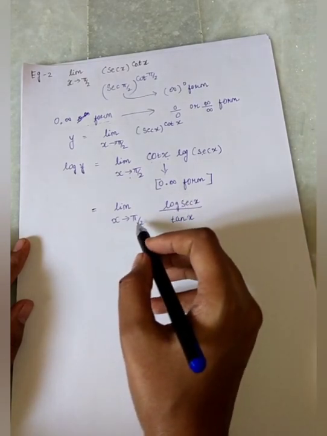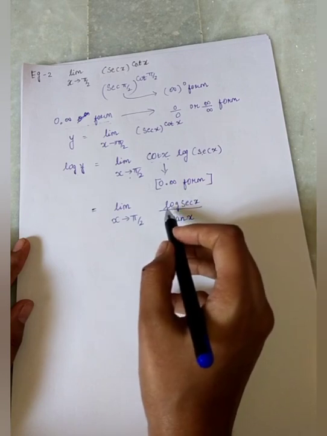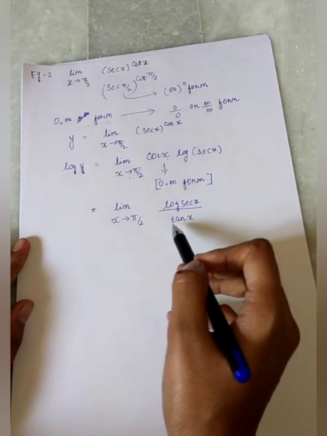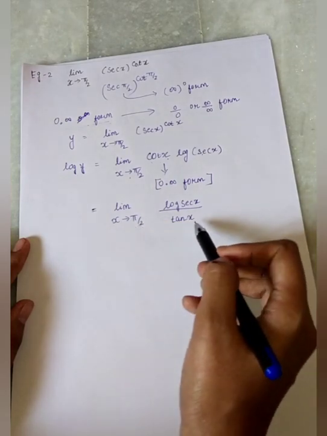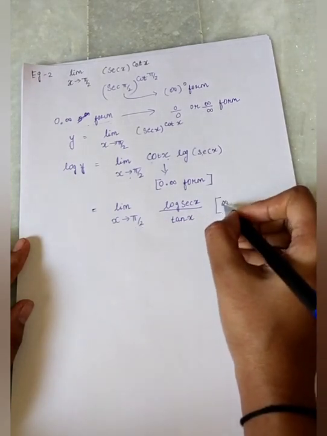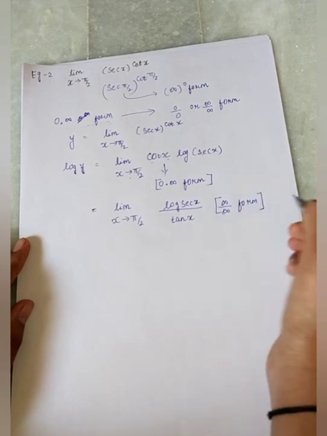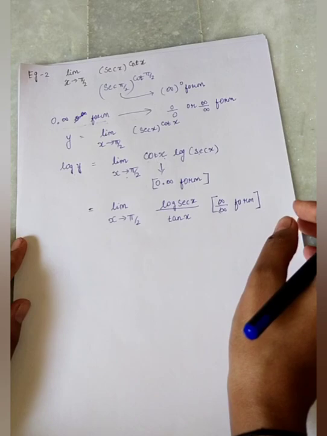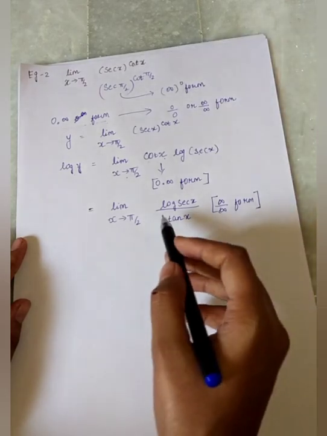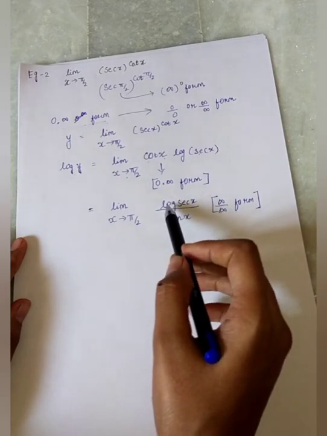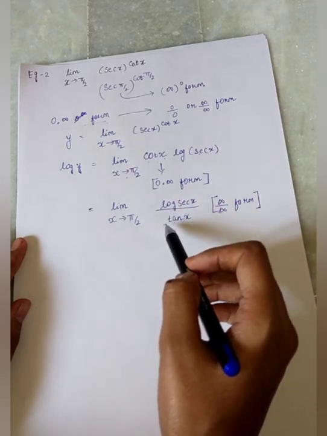Now if we substitute this value in this equation, then log sec pi by 2 is infinity and tan pi by 2 is also infinity. So we get infinity by infinity form. Okay. And as we got infinity by infinity form, we can apply L'Hospital's rule here. So we will first differentiate numerator part and then we will differentiate denominator part.